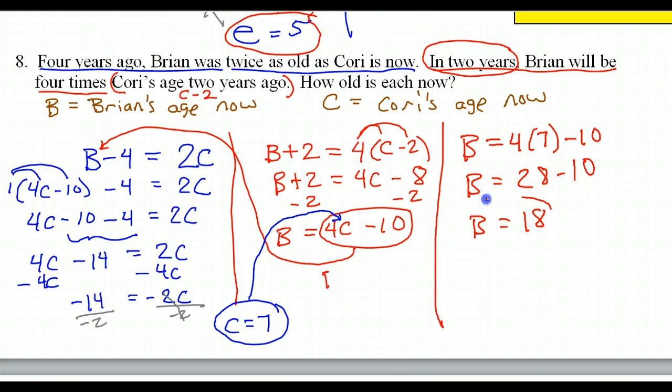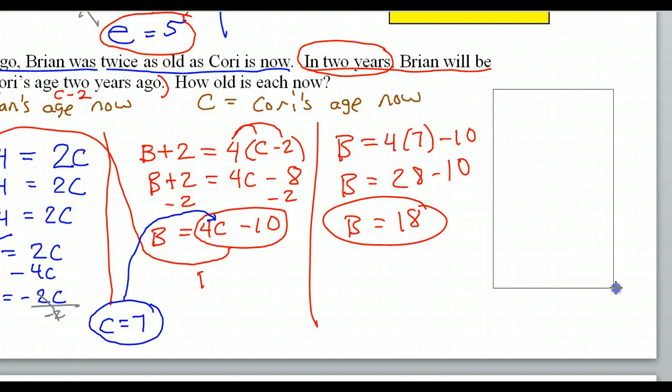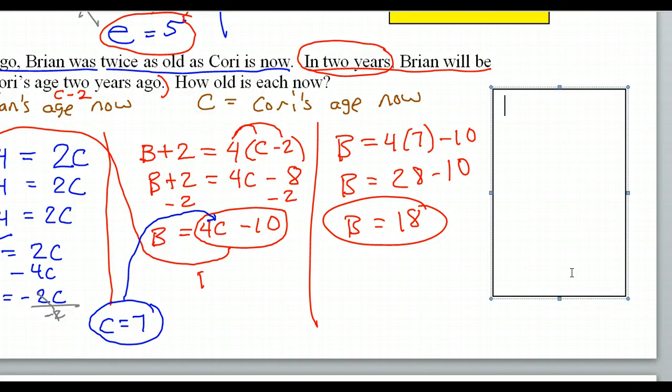So that's 18. Alright, so as I've taught you, make sure you convert over to words in the end. So Corey is 7 years old, and Brian is 18 years old.